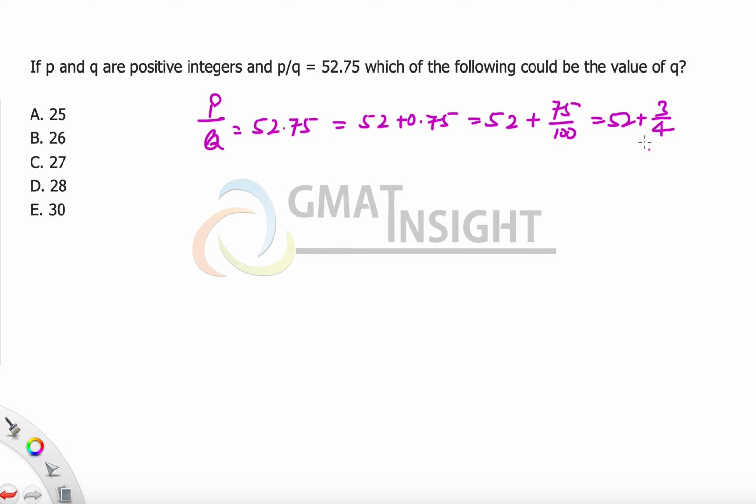Writing it further, we get 52 multiplied by 4 plus 3, divided by 4. So we can find the numerator, but that's not much of a concern for us. For example, it is 211 divided by 4.